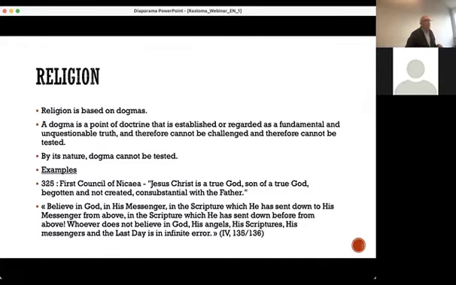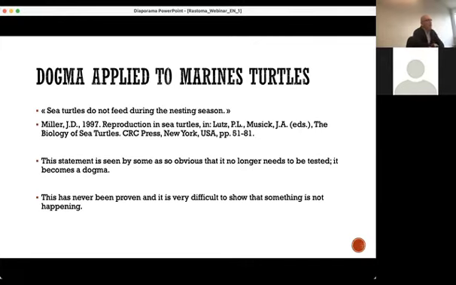I will take an example of dogma applied to marine turtles. For example, when you read, sea turtles do not feed during the nesting season. You can read this, for example, in this very nice paper by Jeff Miller in 1997, Reproduction in Sea Turtles. And for many persons, this statement is seen as so obvious that it no longer needs to be tested.